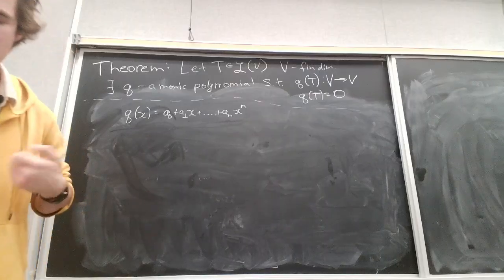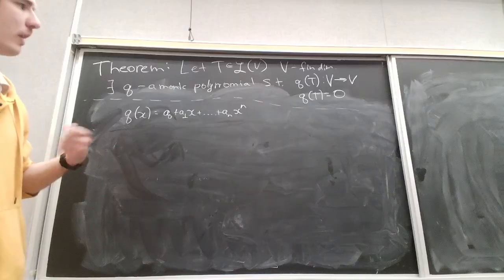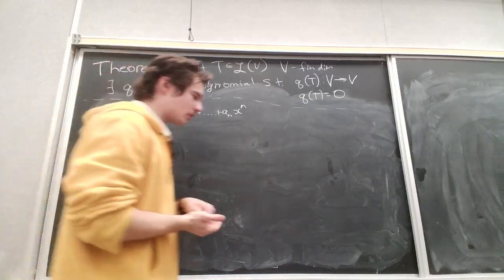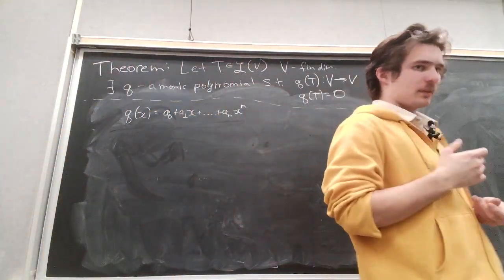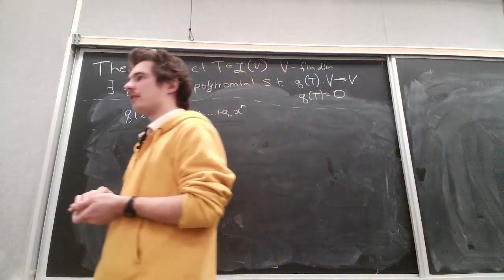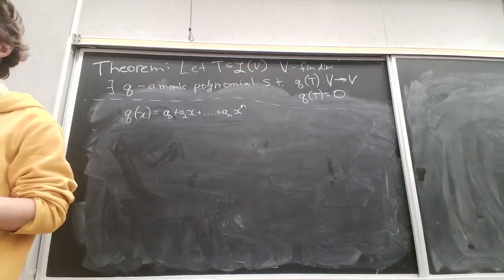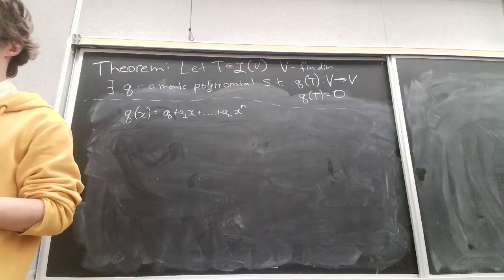So now I'll run ahead a little bit and tell you what we're going to try and get at the end. What do we know about polynomials of complex numbers?